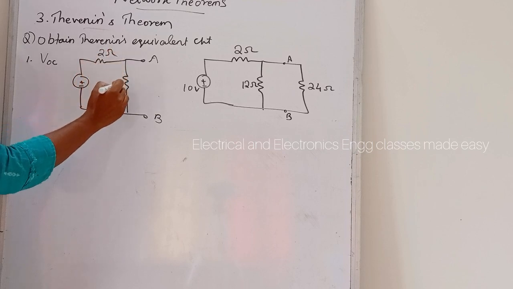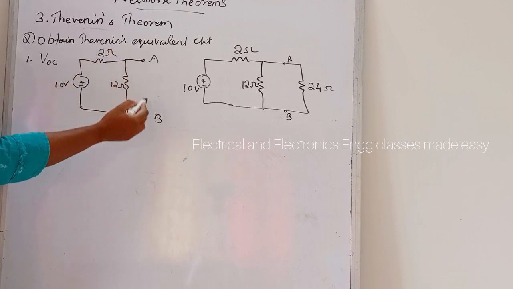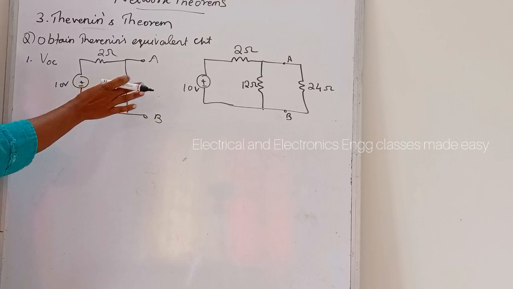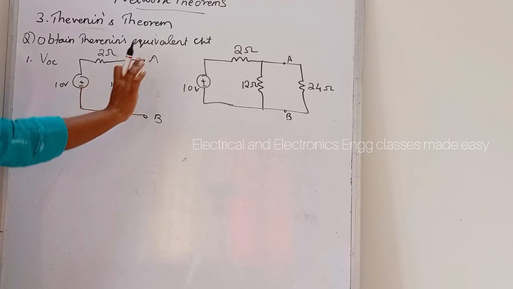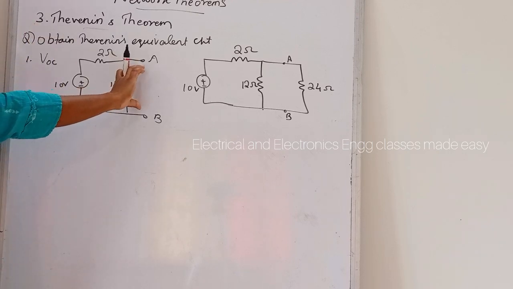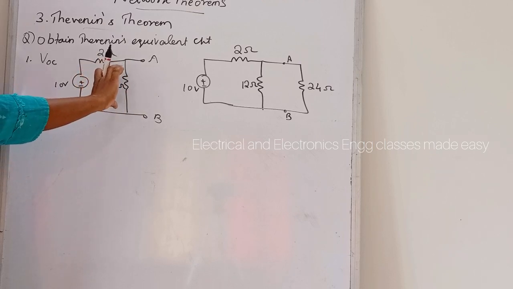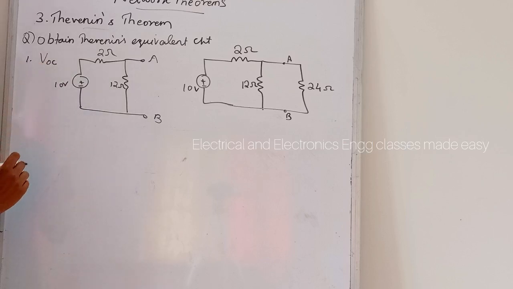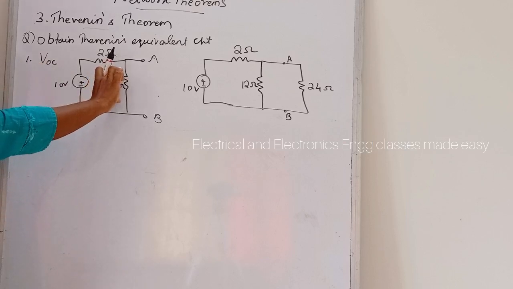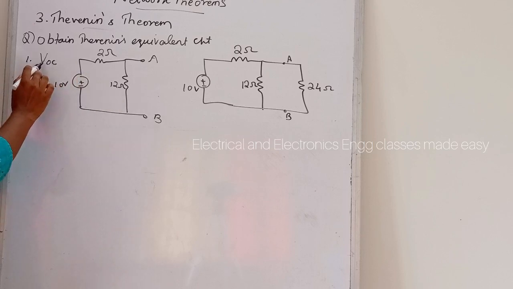This is 2 ohm and this is 12 ohm, 10 volt. We have to find the voltage across these open circuited terminals, and that is VOC. Open circuit voltage across these terminals means we have to find the voltage across the 12 ohm resistor, and that is equal to VOC.